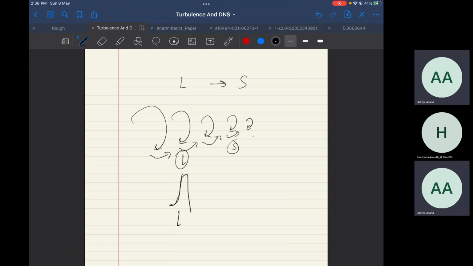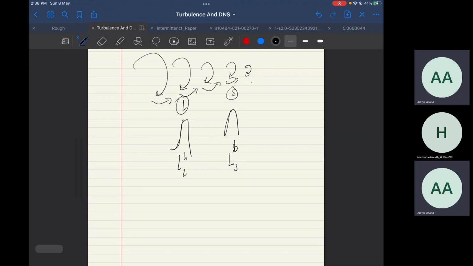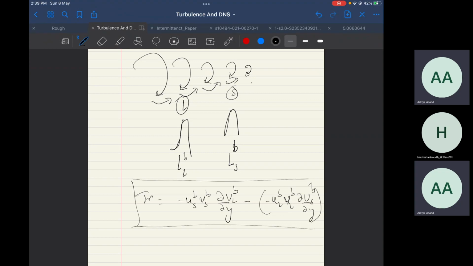So you'll have u_l band pass filtered, and u_s band pass filtered, and then you can use the transfer expression. So you can use this expression and get a value for the energy that is being transferred here.